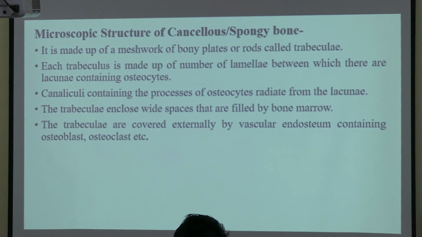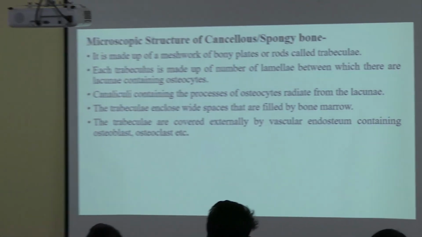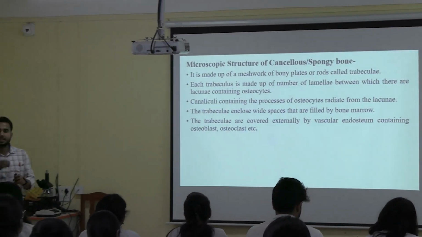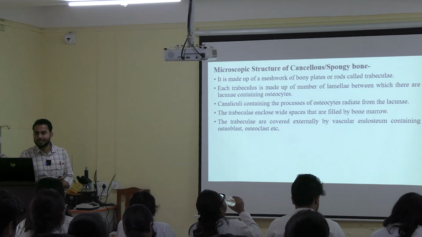Beyond that, lamellar arrangement will be there, lacunae will be there, and canaliculi will also be there in the spongy bone. But the trabeculae will enclose wide spaces, and in those spaces bone marrow along with blood vessels will be present. So that is the appearance for spongy or cancellous bone.